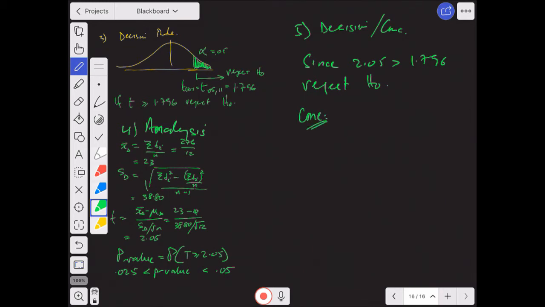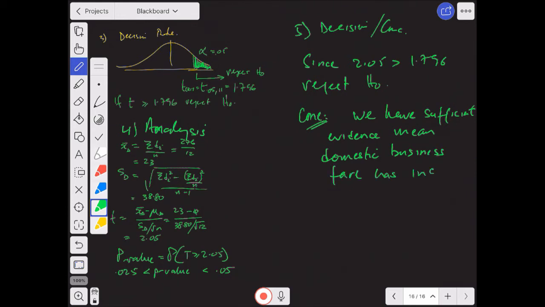Our decision is to reject. Our conclusion is we have sufficient evidence that the mean domestic business fare has increased. All right?